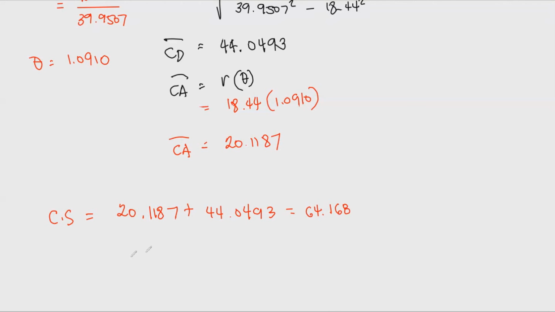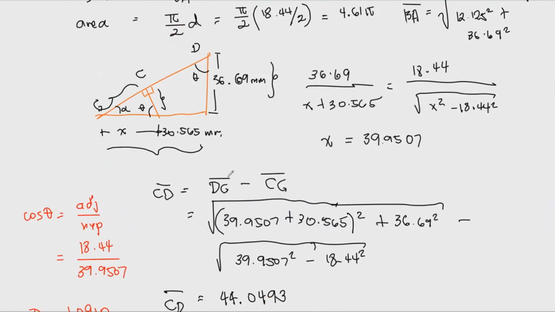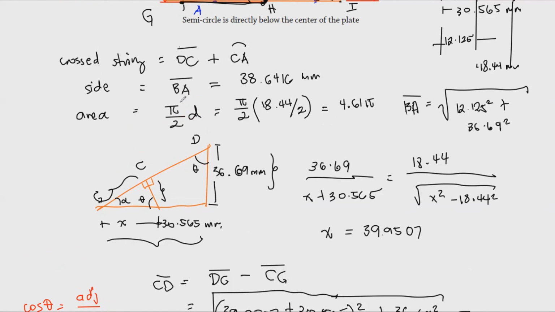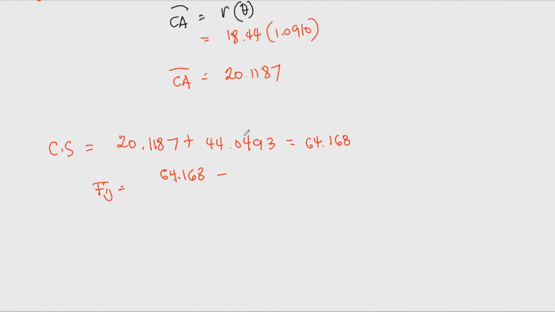And finally, to get Fij, we have to input all the values, 64.168, and then subtract this side, 38.6416, all in mm, and then divide this by the area.